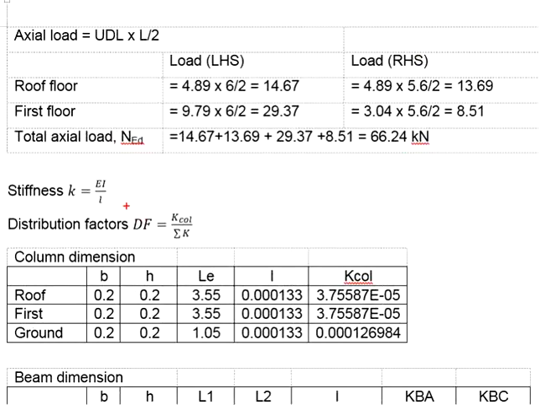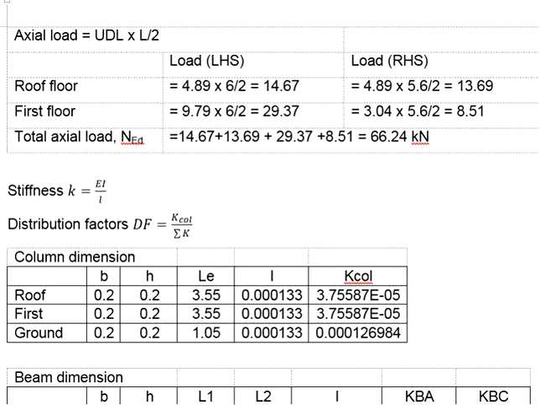The distribution factor is calculated by this formula, which is the stiffness of the column divided by the total stiffness of that particular joint. In this case, we simply assume the modulus of elasticity equals 1. This is because eventually the modulus of elasticity will cancel out during the computation of the distribution factors.